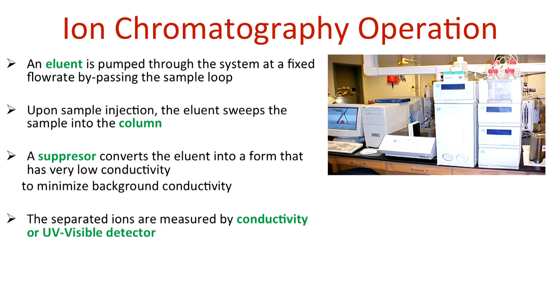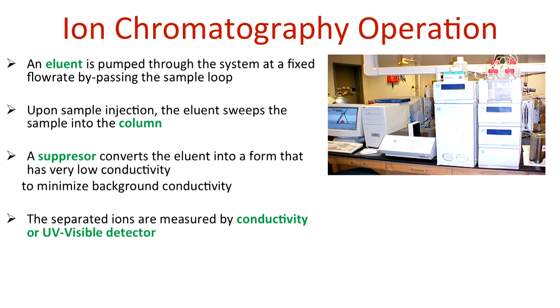And then once it gets out from the column, it first goes to a suppressor, wherein it converts your eluent or your mobile phase into a form that has low conductivity, because the main detector here is conductivity.